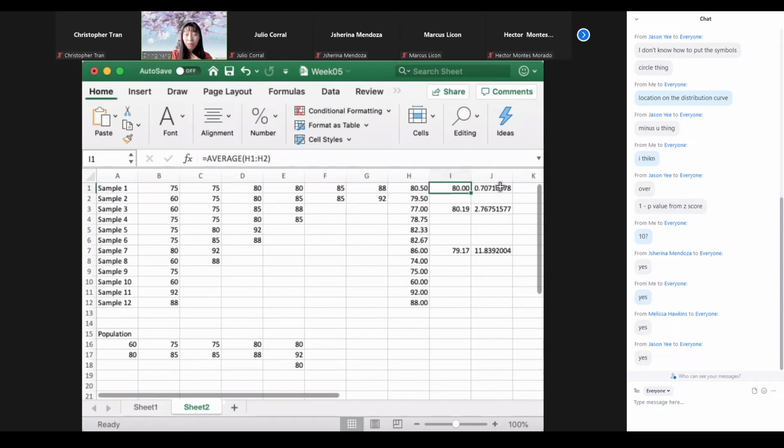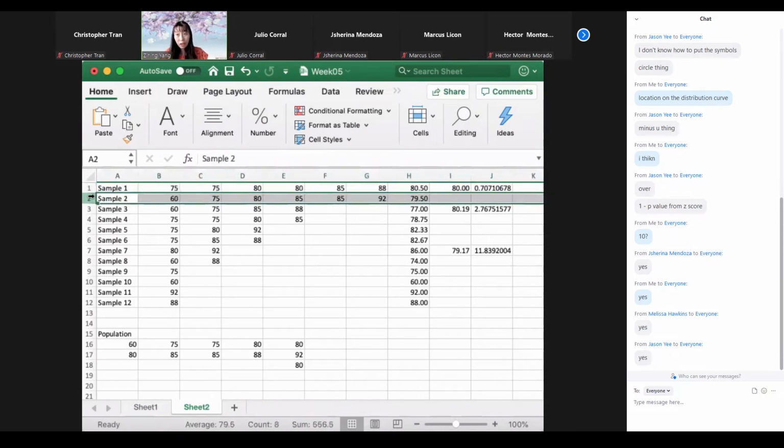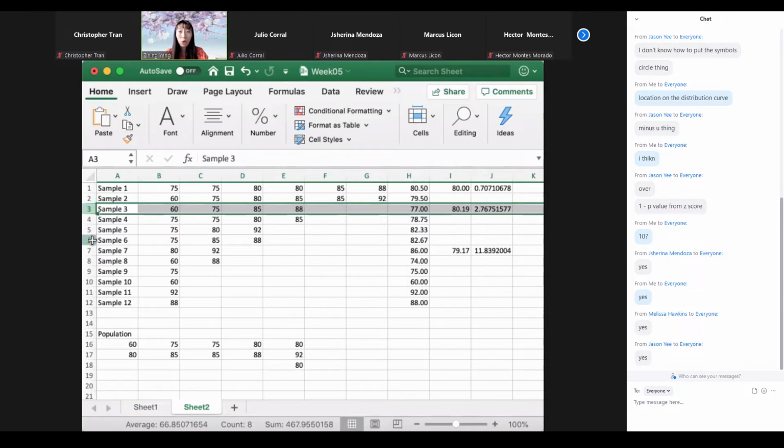And then here, if we calculate the standard deviation, we can already see it's a very small standard deviation, not even 1, only 0.7. So very small standard deviation for samples 1 and 2, which are really large. What about the medium-sized samples? Look at samples 3, 4, 5, 6.